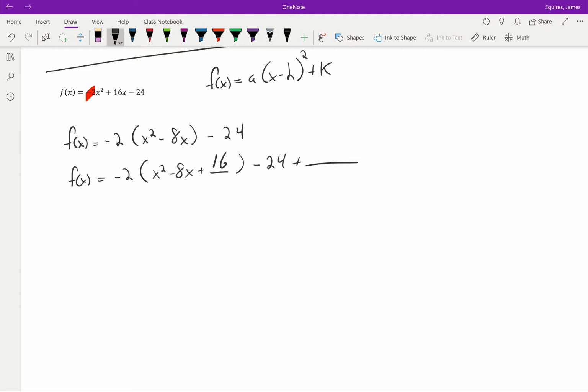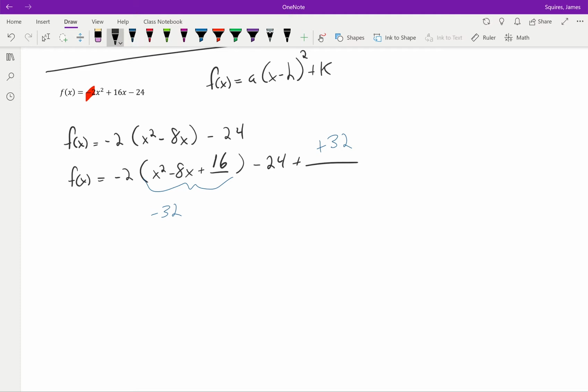If we have 16 inside that parentheses, now this is a perfect square. But note, if we added 16 inside the parentheses, what we really did was subtract 32, because we have -2 times 16. And because we subtracted 32, we want to make sure that we add 32 on the right-hand side of the equation as well.